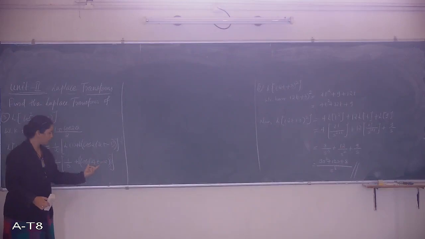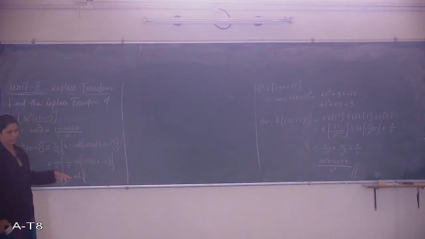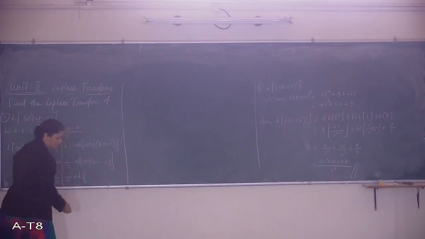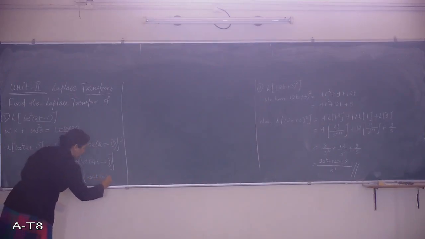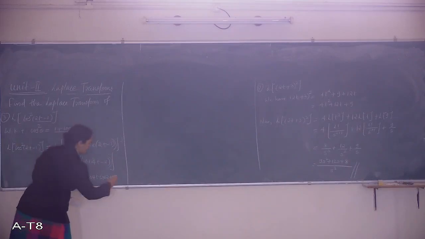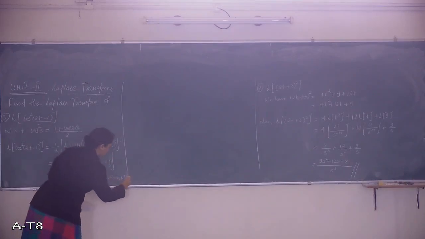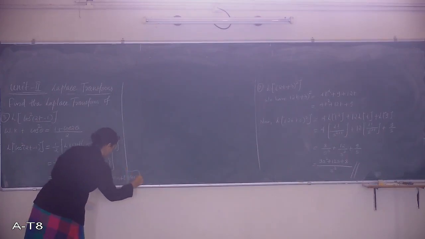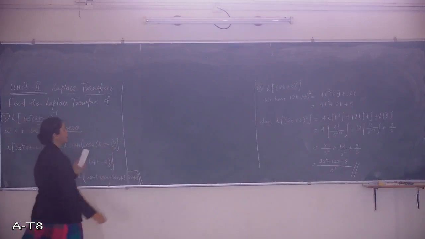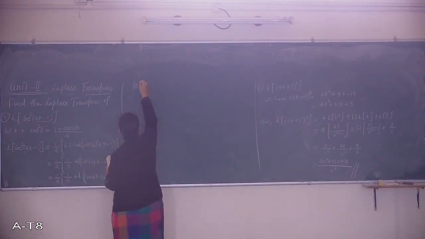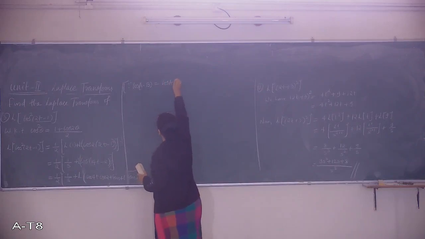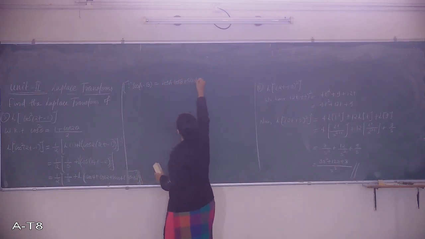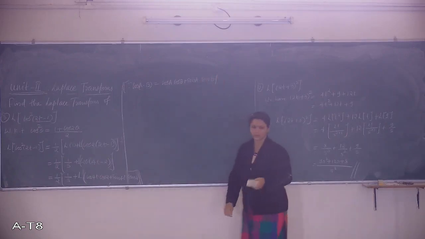So we use the transformation formula for cos of (a minus b), which is cos a into cos b plus sin a into sin b. The minus sign means the alternate sign will come. So we make use of this formula here.